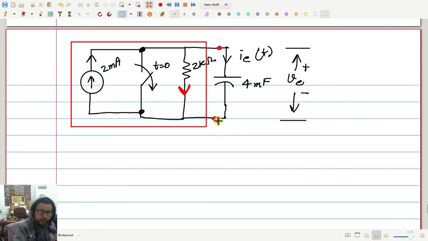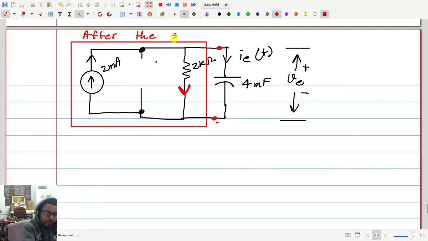So now I will solve it in a longer way, in more detail. After the switch is opened, I will not use any equivalent circuit.